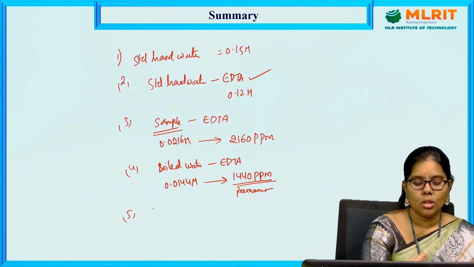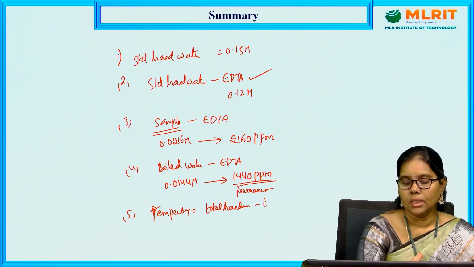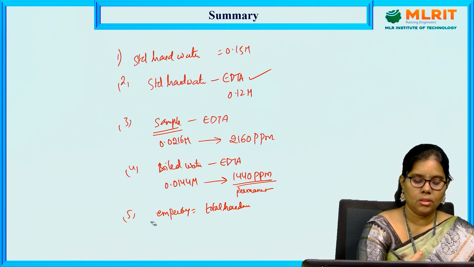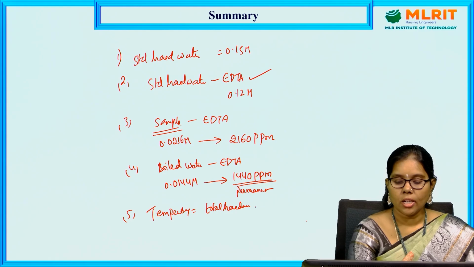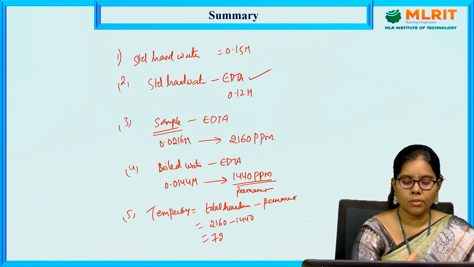In the fifth step, we got the temporary hardness, which is equal to total hardness minus permanent hardness. That is 2160 minus 1440, which is equal to 720 ppm.